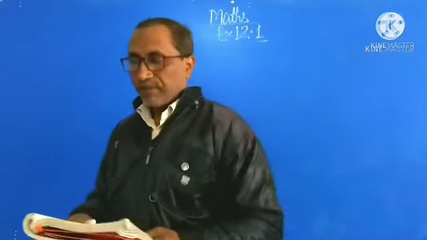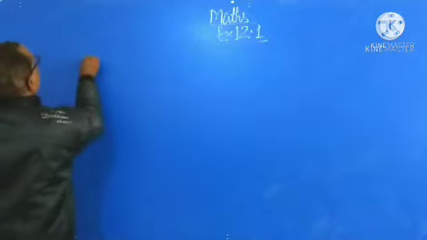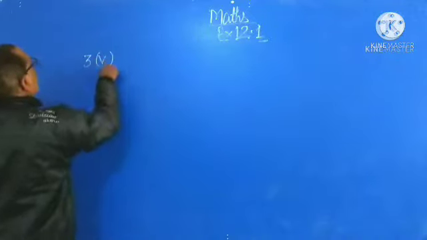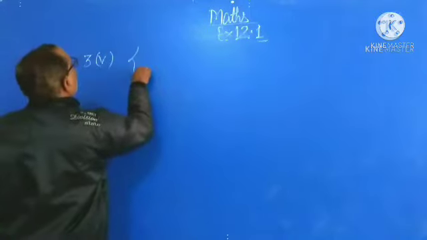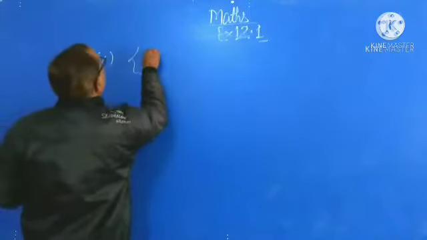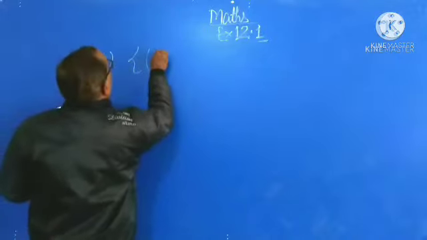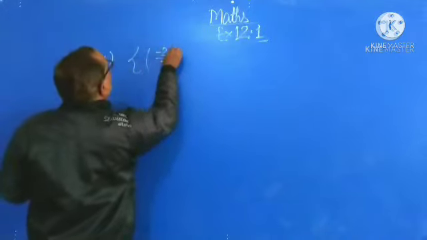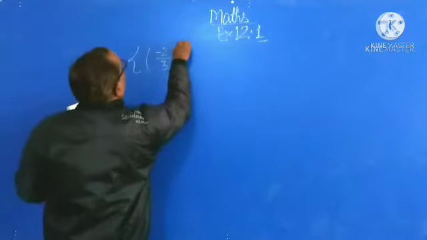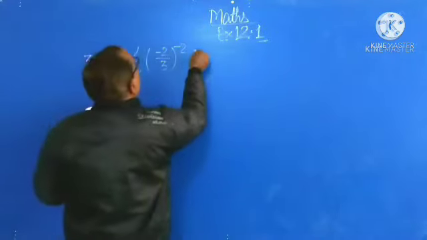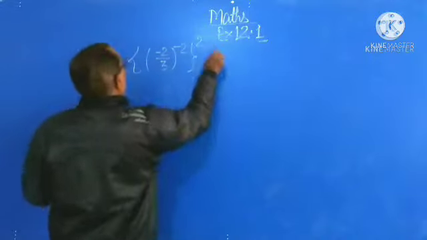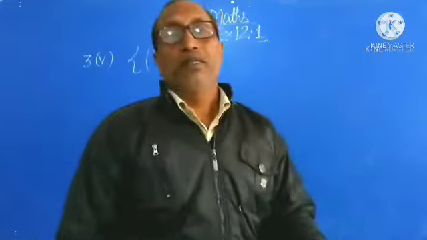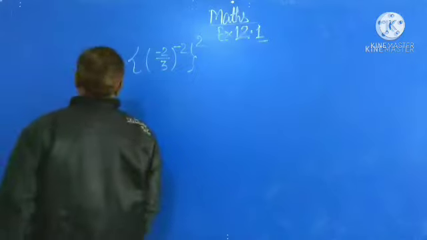Question number 3, fifth part. Find the value of, in the flower bracket, in the small bracket, minus 2 upon 3 raised to power minus 2, then the flower bracket closes, raised to power 2. You find the value of the given expression by using the law of exponent.